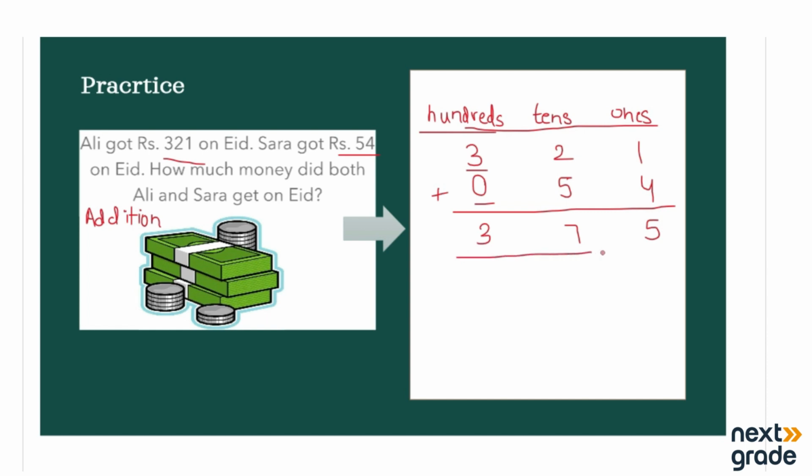Alright, so let's write our answer in the form of a sentence, and that is Ali and Sarah got 375 rupees on Eid. Alright, so this is the answer for our question. Let's move on to the next example.